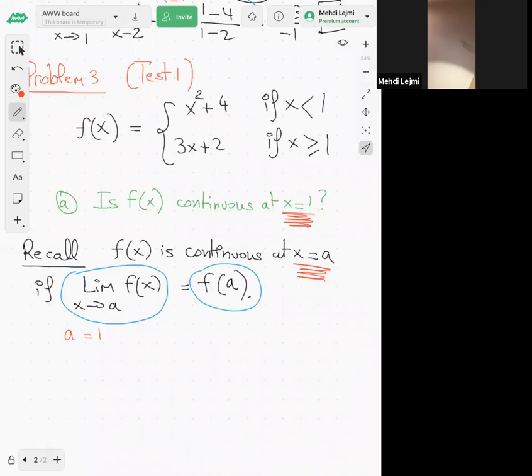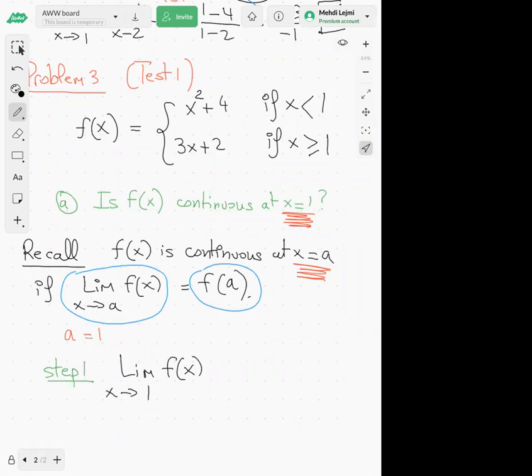So step 1, I'm going to compute this limit of f of x as x goes to 1. What's f of x? Do I have to use the first equation or the second equation, guys?